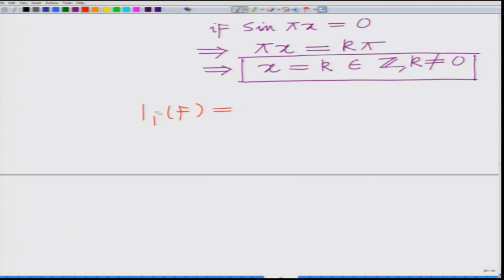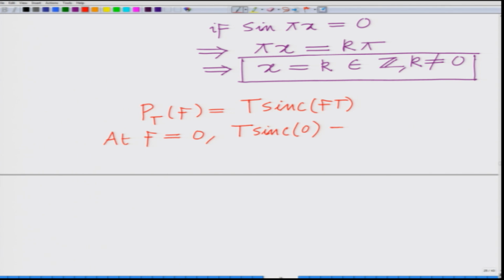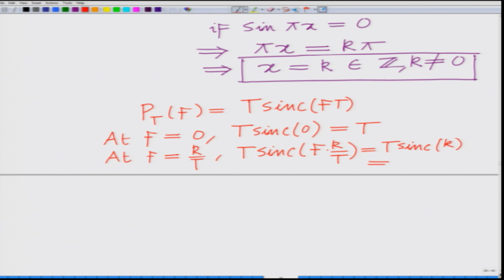Your P_T(f) equals T sinc(fT). If f equals 0, this becomes T times sinc of 0, which is equal to T. At f equal to any k over T, we have T sinc of f times k over T, which equals T sinc k, which equals 0.